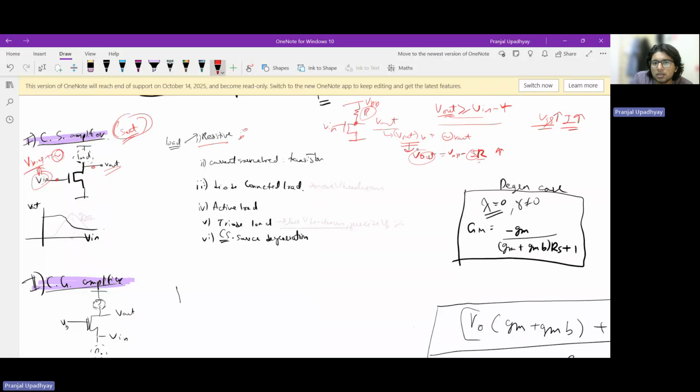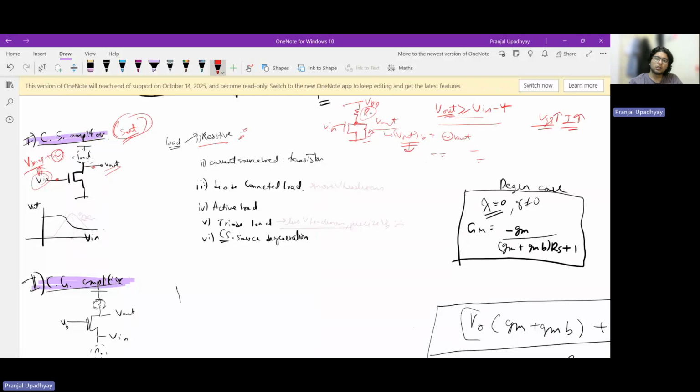So this sets the fundamental limit on what value of resistance you can choose. This is a bad situation for us, because if we want to increase the gain, we would want to increase the load resistance R, but we can't do that much, right? Also, in small signal, there is an R out which goes in parallel with R, and you will say that it will be a combined resistance, but typically R will be much, much less than R naught.